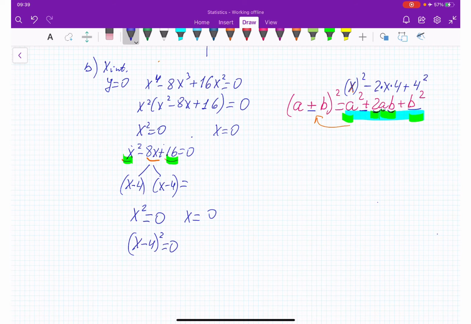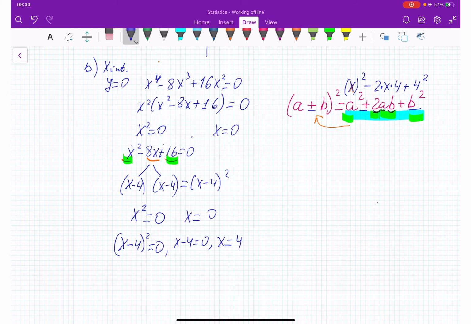Excuse me, this is equal to x minus 4 squared, correct? x minus 4, x minus 4. From here, x minus 4 also equals 0, and x is equal to positive 4.